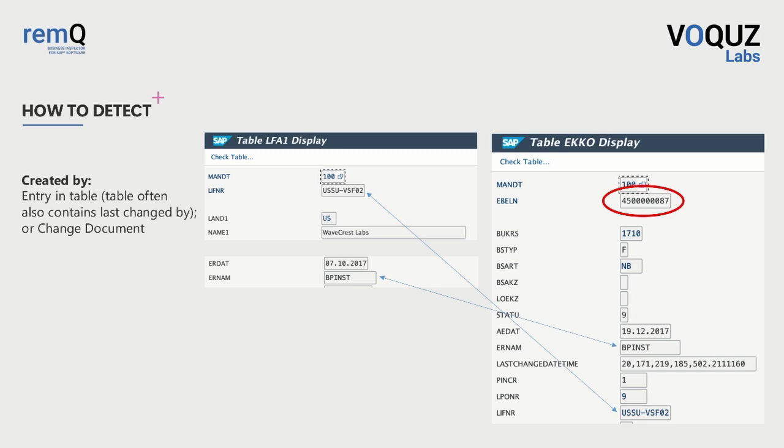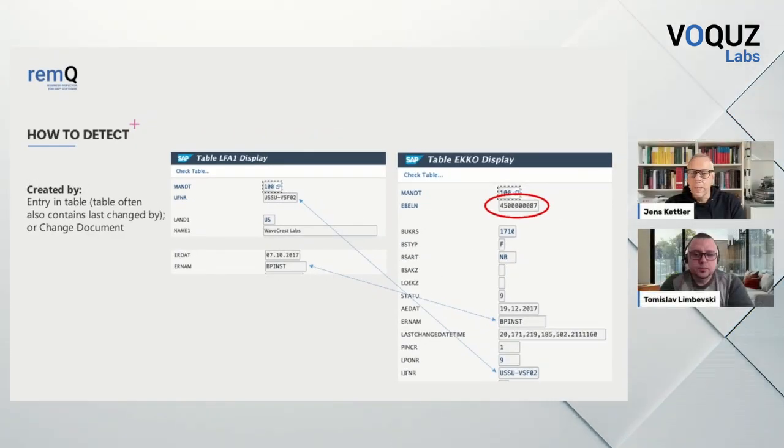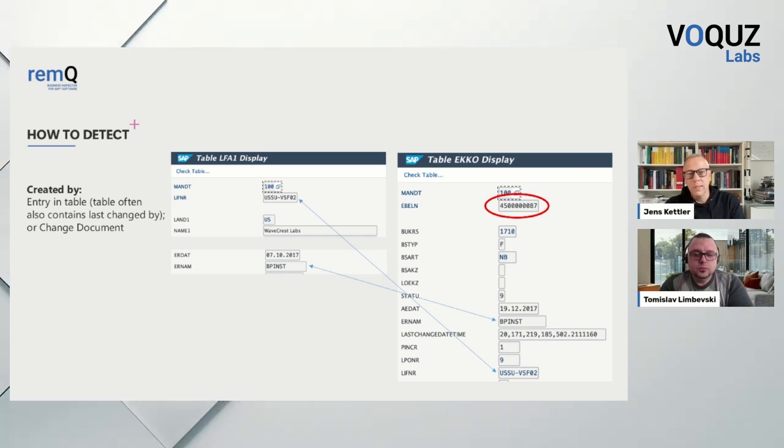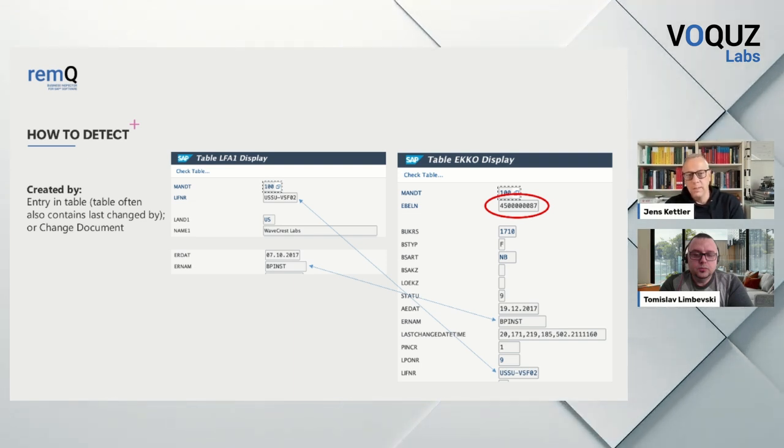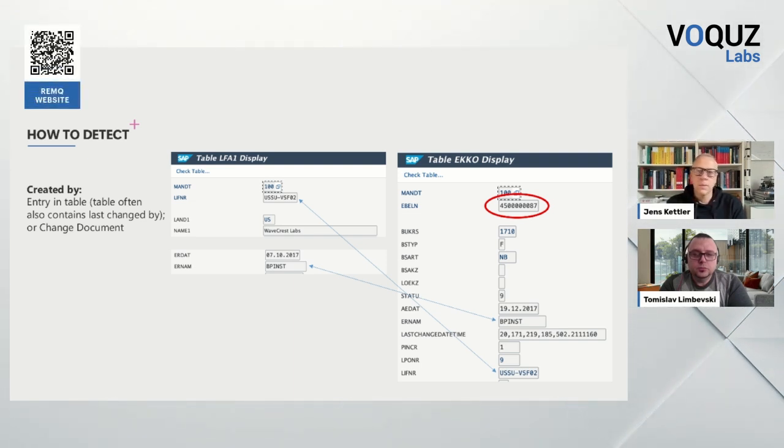In the S/4HANA system the table is different, but you can still access LFA1 via views that exist in the S/4HANA system. So we're going to stick with these names because they will work in both ECC-based and S/4HANA systems.